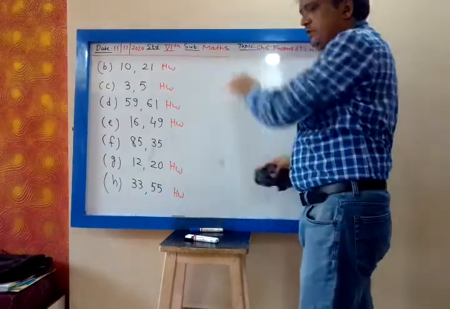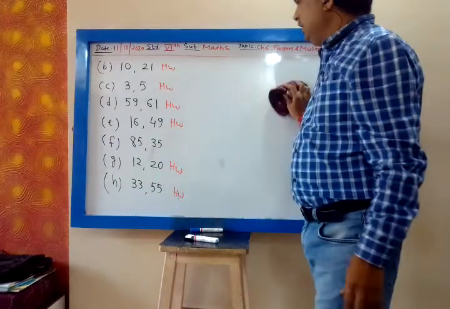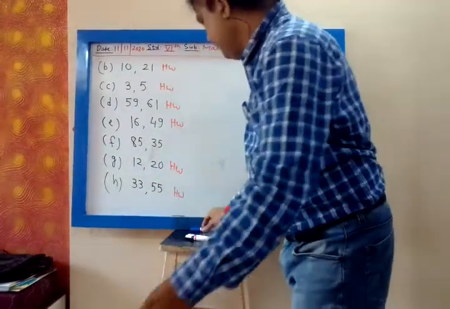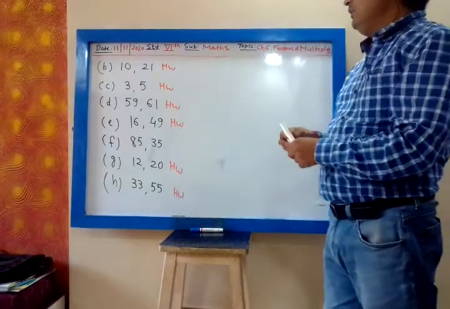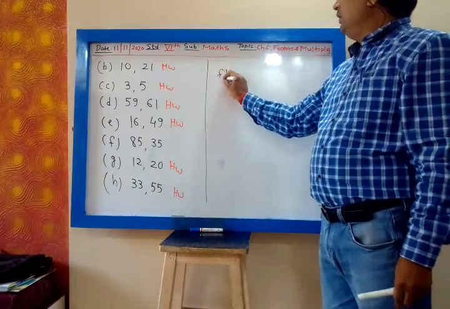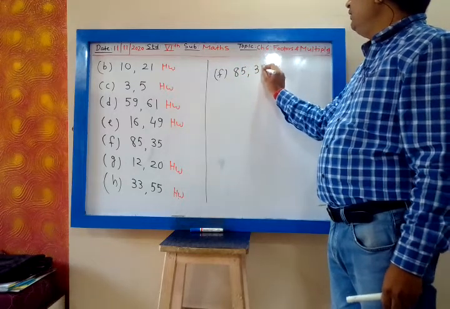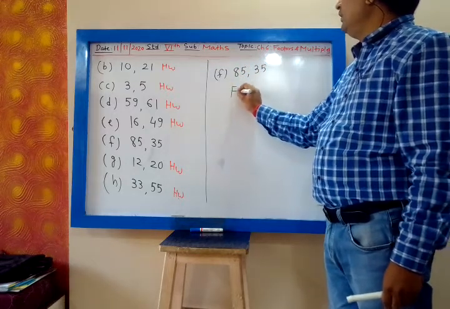Now let us do F. We check whether they are co-primes or not. 85 and 35. Now I will find the factors of 85.